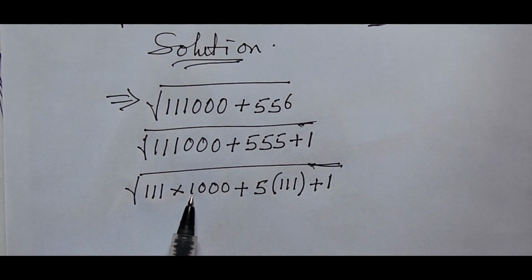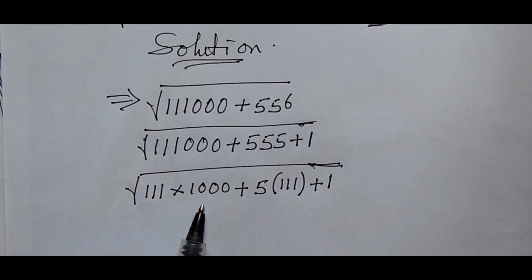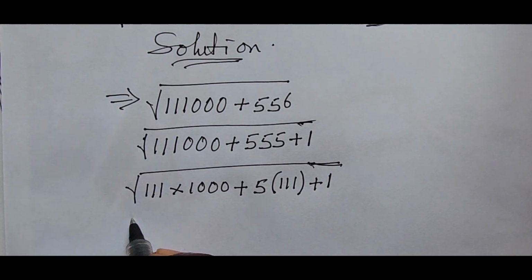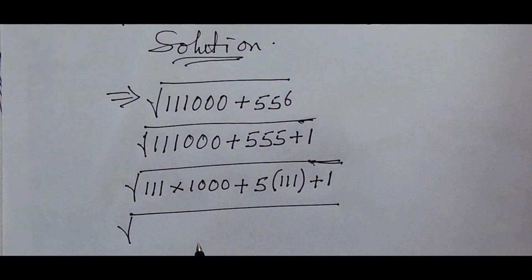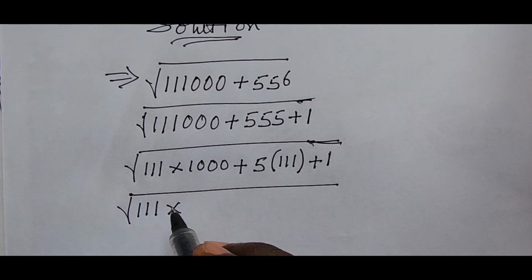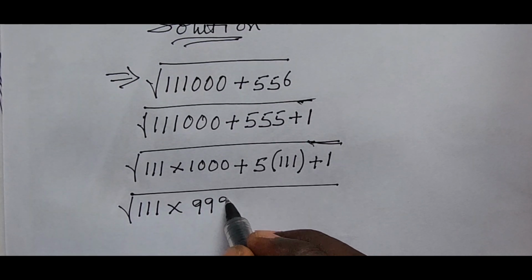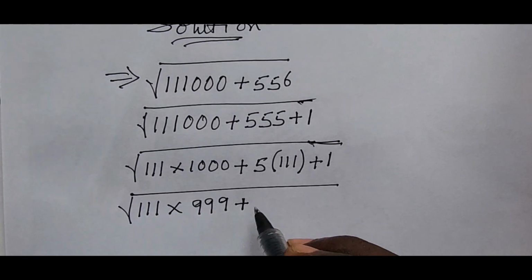So what to do next is this. Look at this 1000. We can rewrite 1000 as 999 plus 1, right? Good. So let's rewrite this. This is going to give us our 111 times the 1000, which could be written as our 999 plus 1.